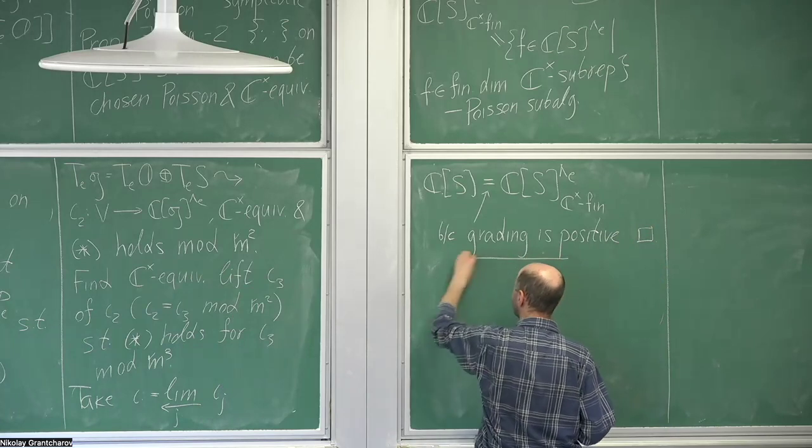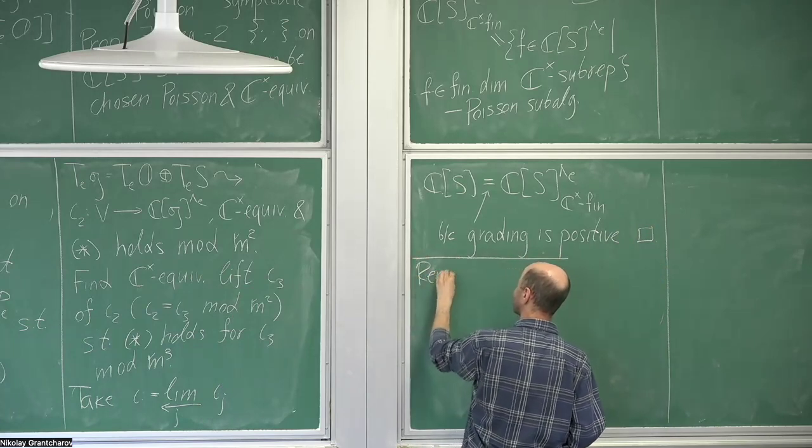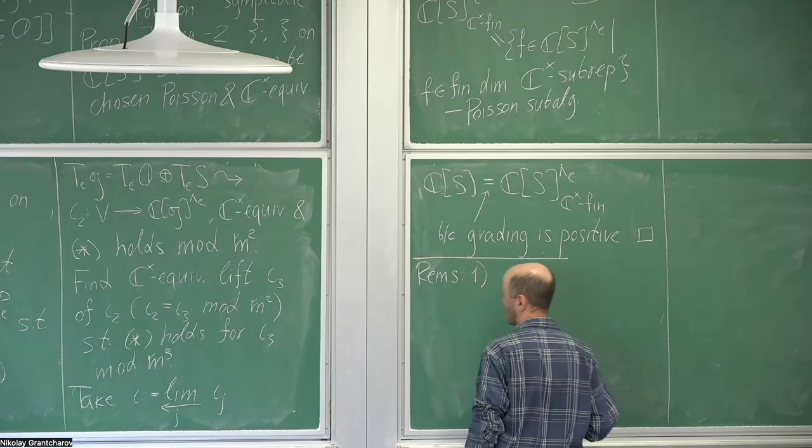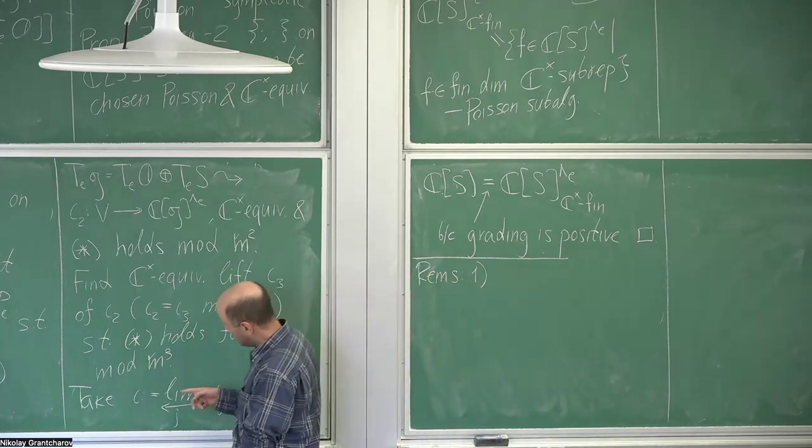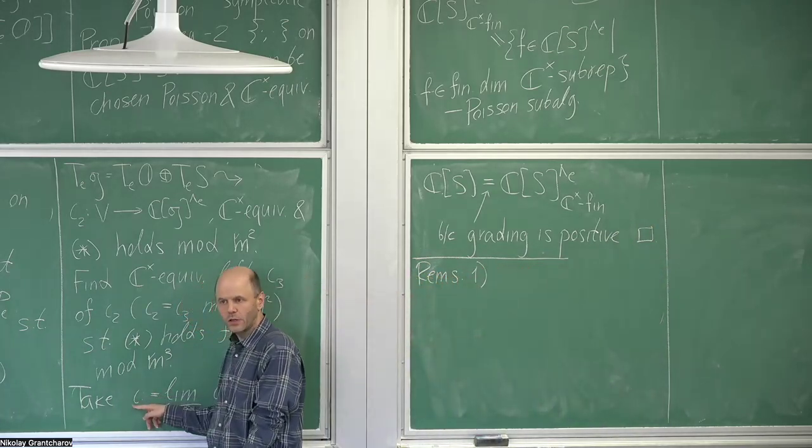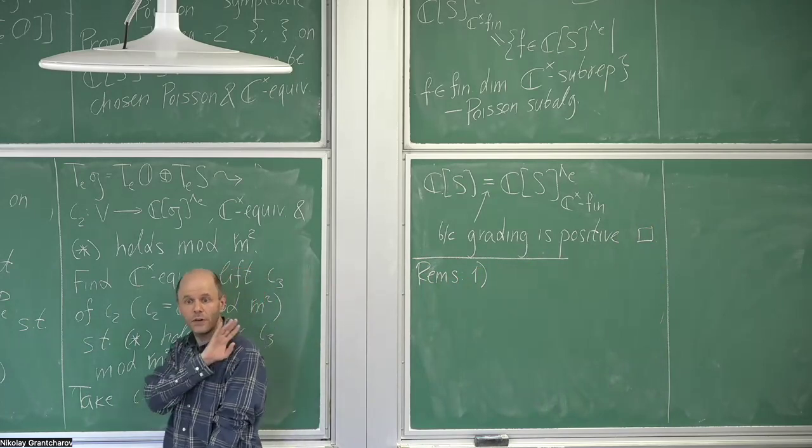Let's finish the sketch. So two remarks. This construction crucially uses iota, this embedding, and this embedding is very far from being unique.